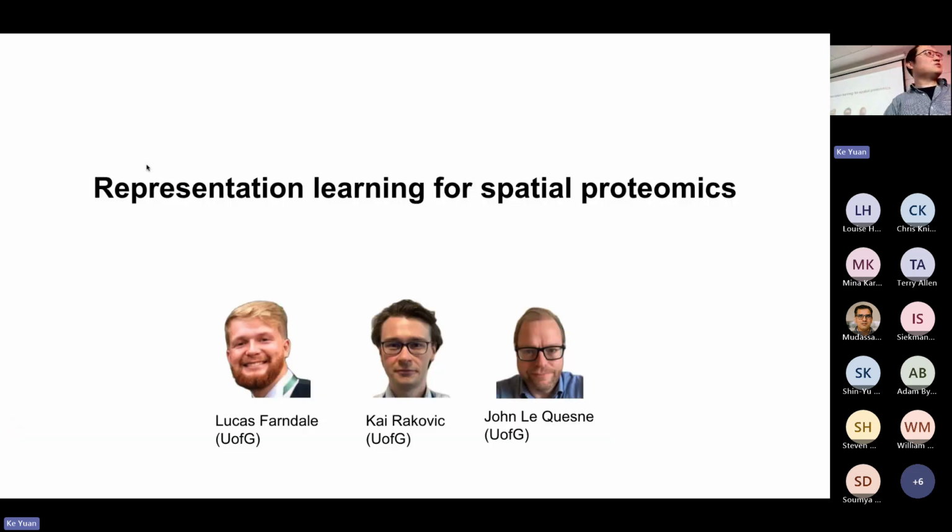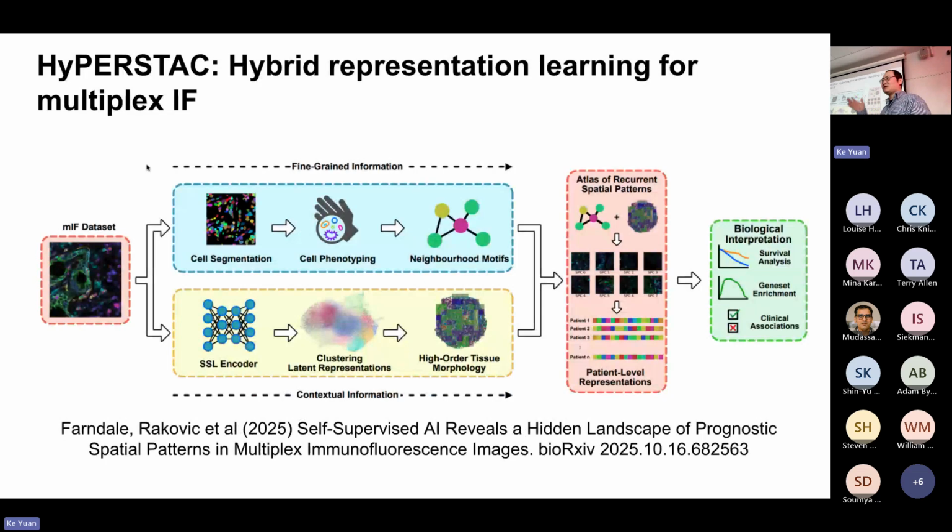So I wanted to switch gears from H&E to spatial proteomics. In our institute, we quite often generate a lot of spatial proteomics images, and they are quite often generated from a particular study where there's a very clearly defined hypothesis.